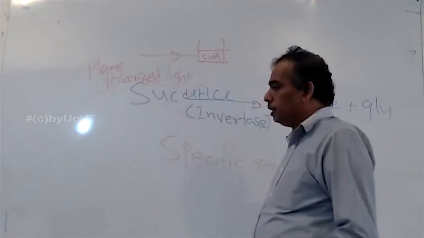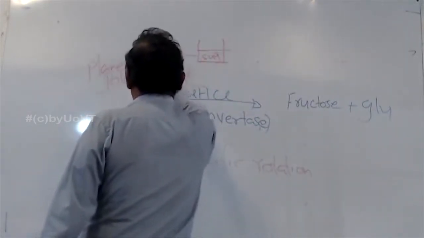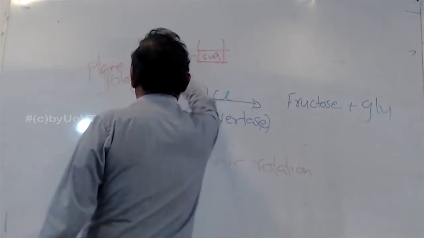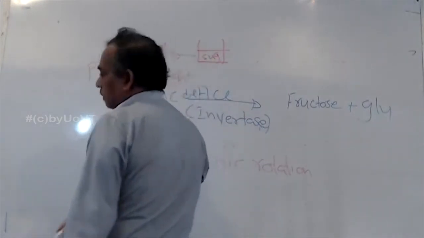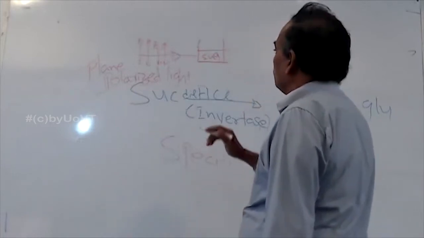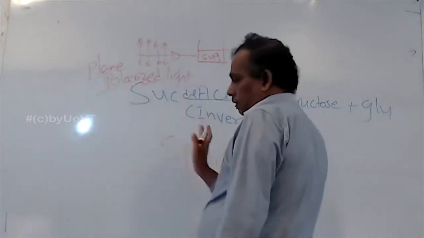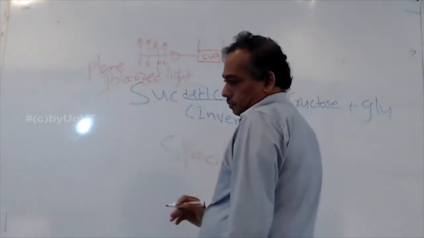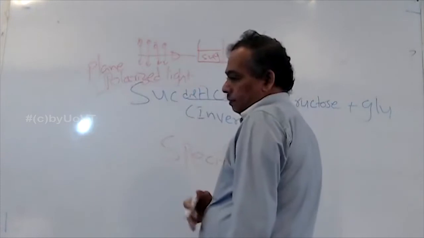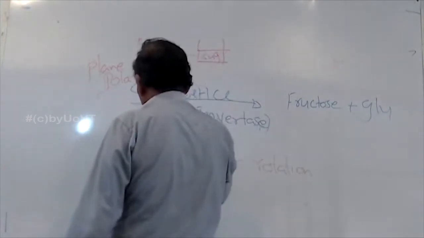So plane polarized, I think you know what that is. All the light particles move up and down, or left and right, in the same plane. Movements are in the same plane, right? Not like this, here and there.